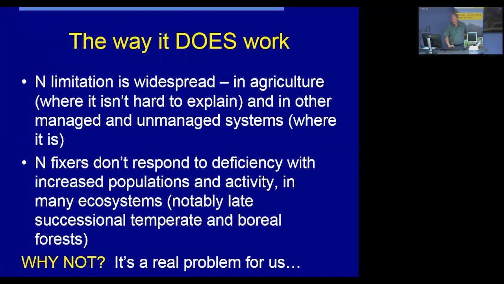In contrast, the way it does work is that especially in the temperate and boreal zone, nitrogen limitation is widespread. In agriculture, where it is not hard to explain, and in other managed and unmanaged ecosystems, where I think it's more difficult to explain. Nitrogen fixers don't respond to nitrogen deficiency with increased populations and activity in those areas in many ecosystems, notably late successional temperate and tropical forests.